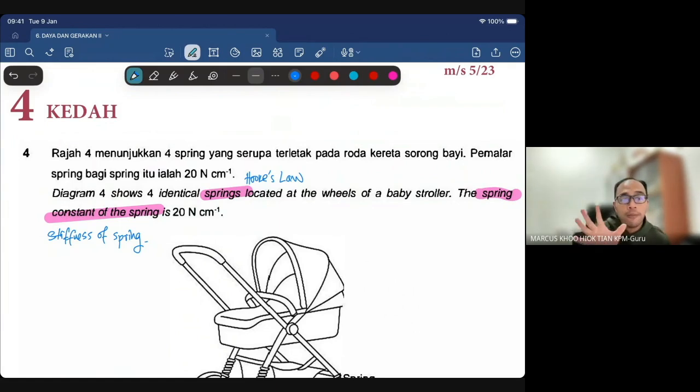It's a stiff spring. An example would be the spring on a motorbike, the suspension spring, which is a very good example of a very stiff spring.